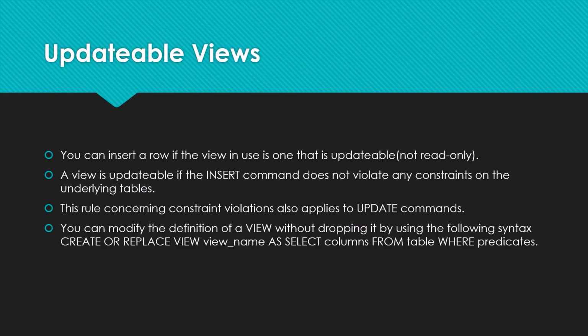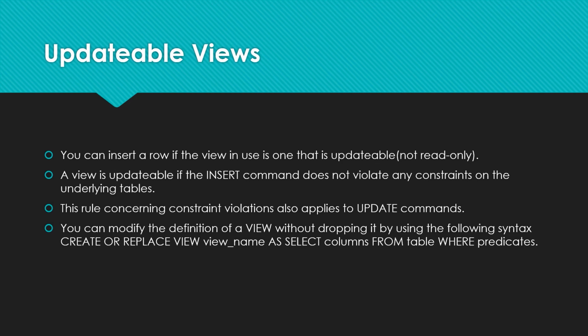So let's talk about updatable views. You can insert a row if the view in use is one that is updatable, not read only. A view is updatable if the insert command does not violate any constraints on the underlying tables.